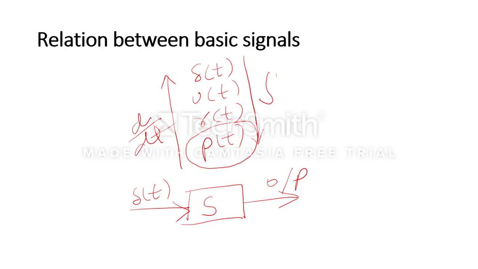In that case, you don't have to apply the parabolic function, because we know that if we integrate the impulse signal 2 times, you will get the parabolic signal. So directly integration of the output will give you the final output. So again and again, you don't have to apply different inputs. If you have calculated the output for any one of the signals, then you can calculate the output for other signals.